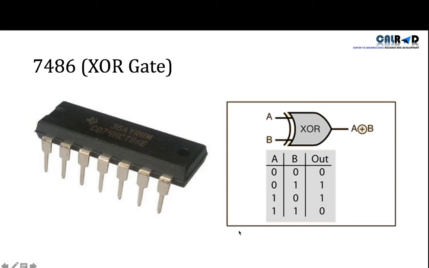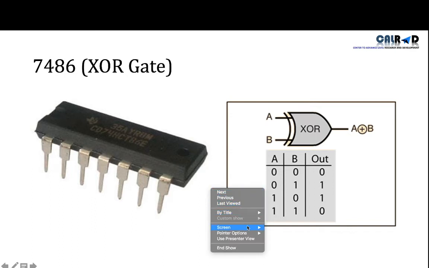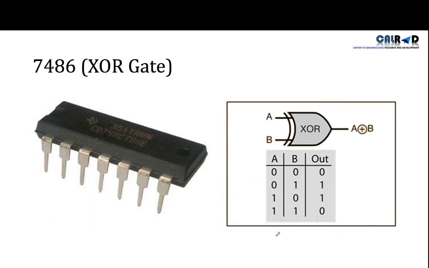Sometimes students may be confused about how to know which is pin number 1. I already told you this, and I will tell you today also. On every IC there is a half circle, and that represents the starting point of the pins.